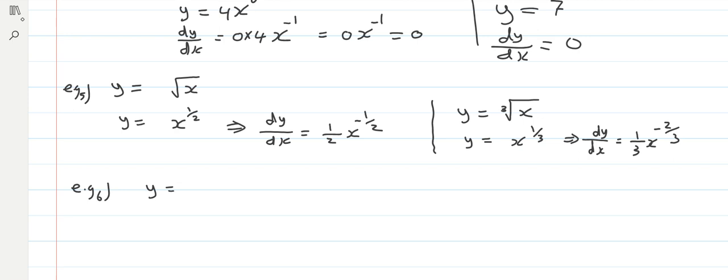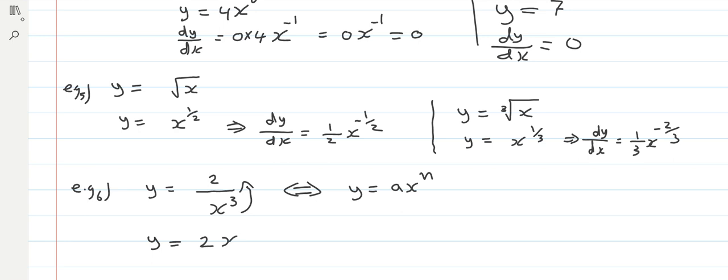Y equal 2 over x to the power 3. Again, if I compare this with the original function is ax to the power n. So what do we need to do to this example? We need to move x cubed to the top fraction. We have to rearrange it first.